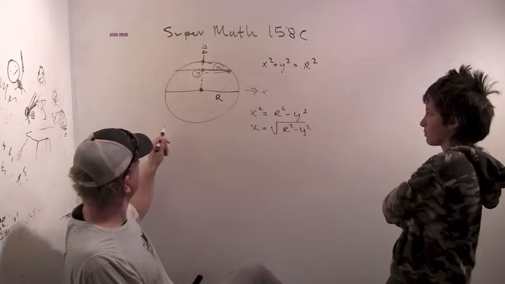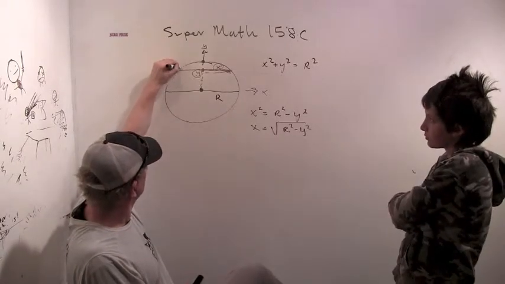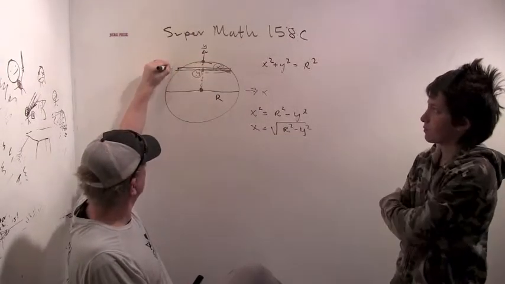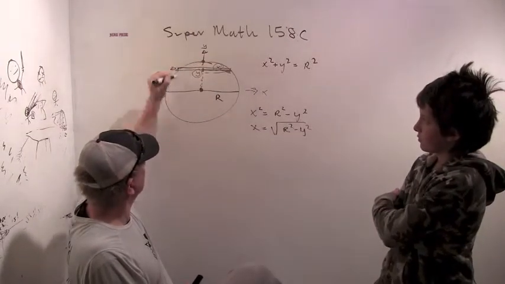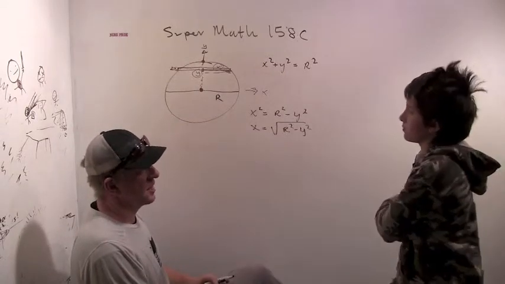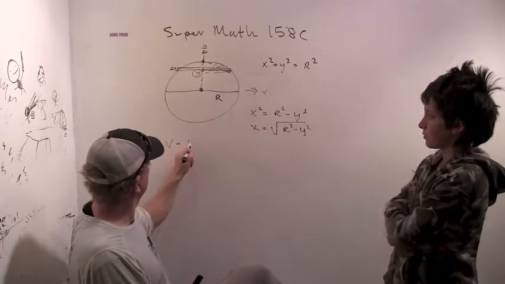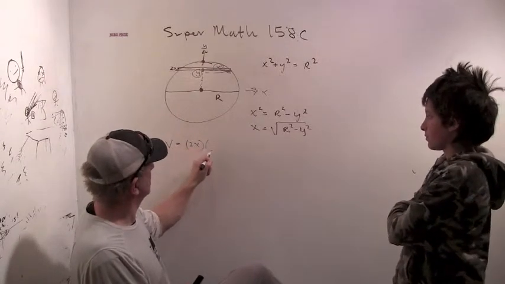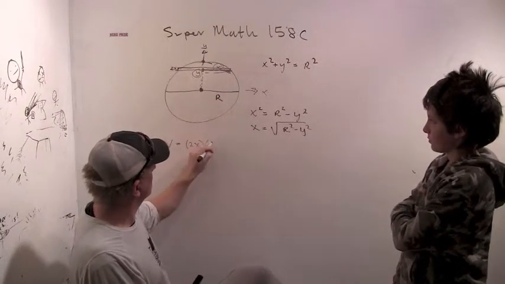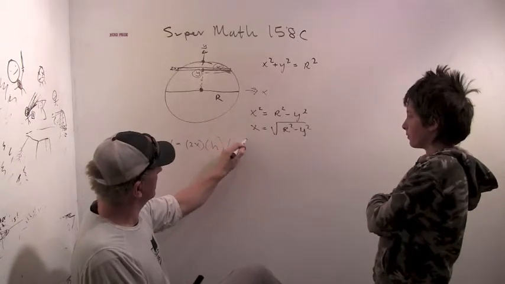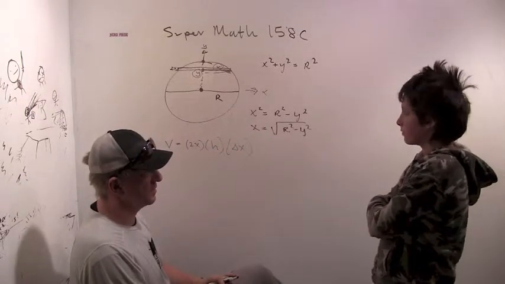So the volume of our little box, which has this height, which I'll call delta x, just to use that terminology. Okay? So the volume is 2x times the height, which is the same for all of them, times that width, delta x, which is the same for all of them, right?